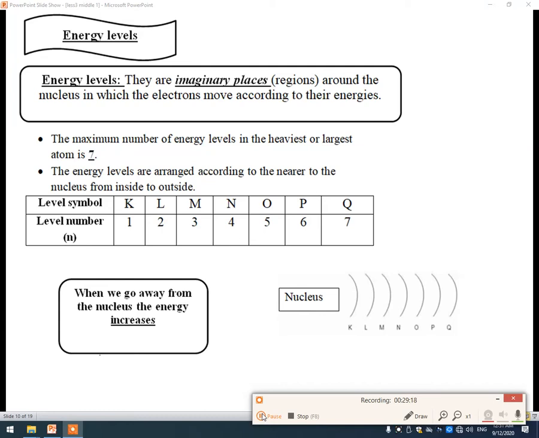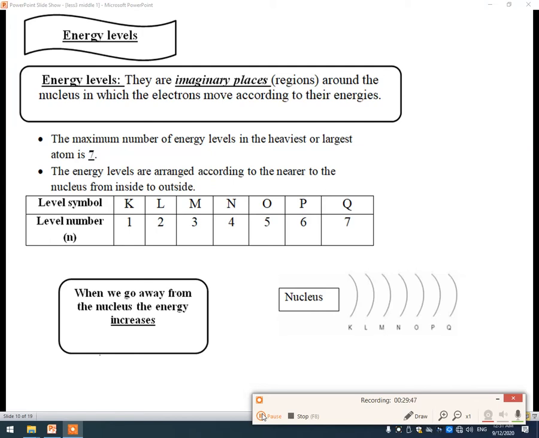So you have to know that the electrons move in the energy levels according to their energies. Okay, now I need to know how many energy levels we have. The maximum number of energy levels in the atom is 7. We have 7 energy levels around the nucleus for the electrons to move inside them.